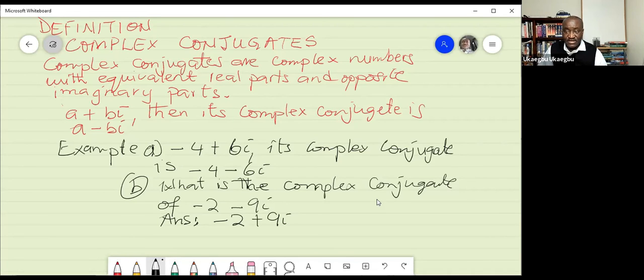Okay, so now in the case of absolute value, which you mentioned, absolute value is used when you want to ensure that your answer remains a positive number. That's when you use absolute value, because there are certain situations whereby you cannot have a negative number. For example, let's say you want to find the area of a football field.